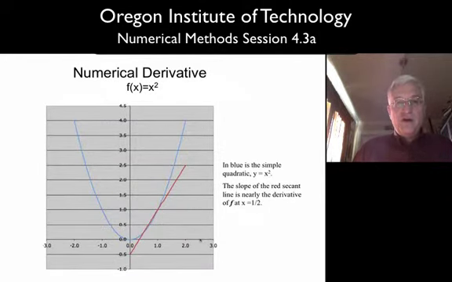But first, let's look at a graph. We're going to start with a very simple function, f of x equals x squared. We're using that because we can figure out the derivative in a hurry. F prime of x is 2x. Hopefully when we're done, we're going to get something that looks a lot like that. The blue curve is the parabola f of x equals x squared. If I choose two values, maybe a low value here and a higher value, I can draw a secant line through those 2 points.